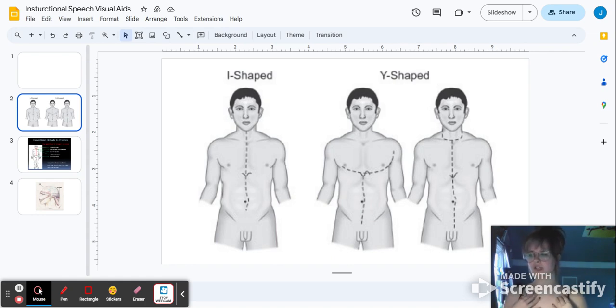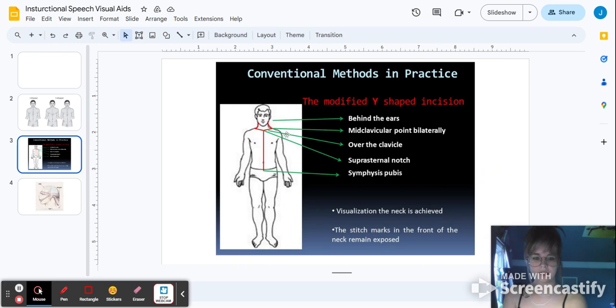Another more concentrated external examination will take place to determine whether or not there are any signs of head injury when moving on to the head area. Here is another diagram of the Y method incision.